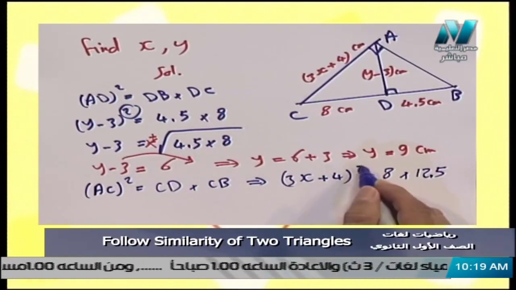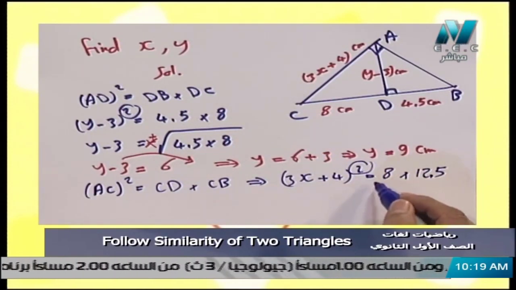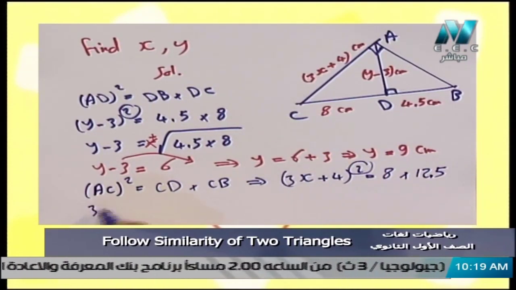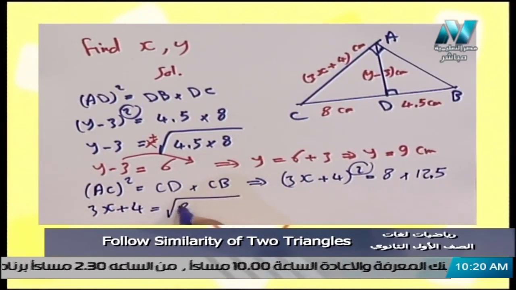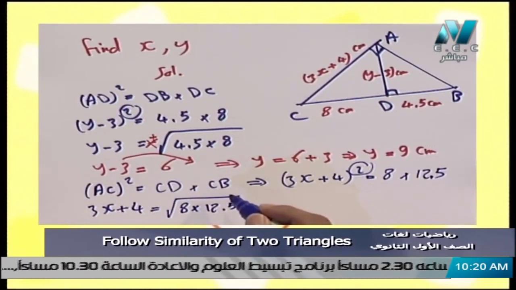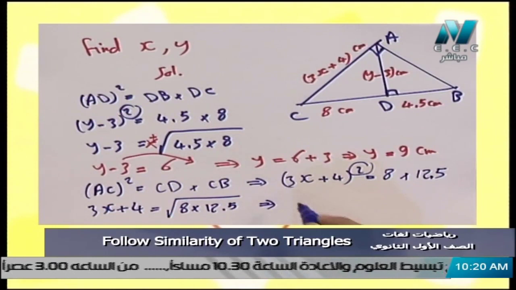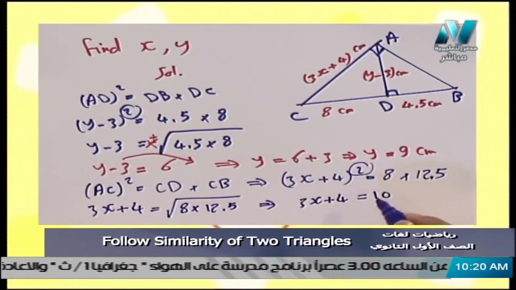And we will cancel power 2 by taking the square root as in the previous example. 3x plus 4 here equals square root of 8 multiplied by 12.5. And 3x plus 4 will be equal to 10.